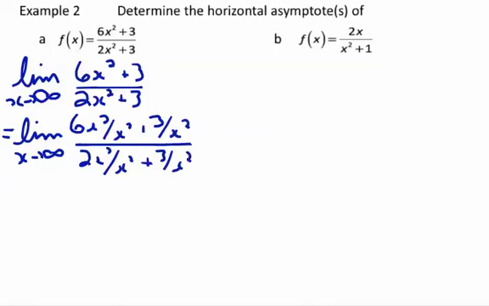Like so. And what happens is the 6x squared over x squared will reduce out. The others will not.